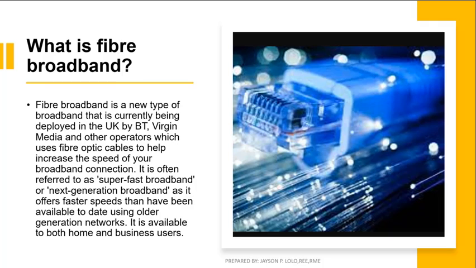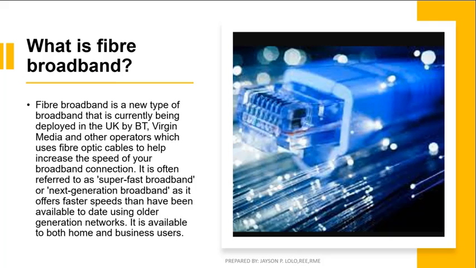So that is why PLDT, Globe, they are so proud that they are using the fiber system or fiber broadband. It is often referred to as super fast broadband or next generation broadband, as it offers faster speeds than have been available to date using older generation networks.